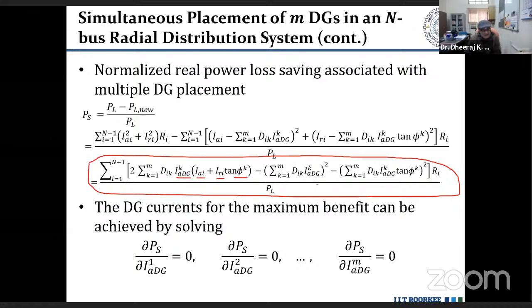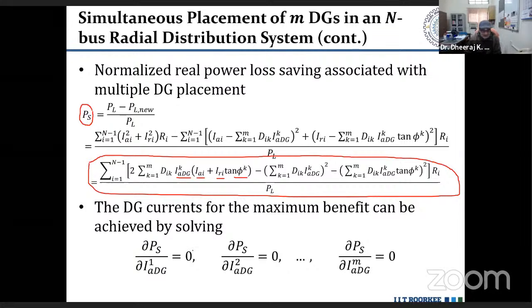Or in other words, we have M number of variables that we have to determine. Now we want this power loss saving to be maximum. What should be the value of different DG currents so that we can have maximum power loss saving?